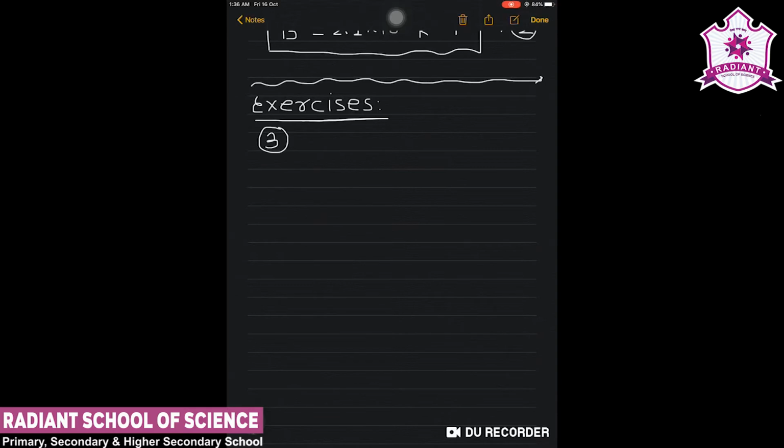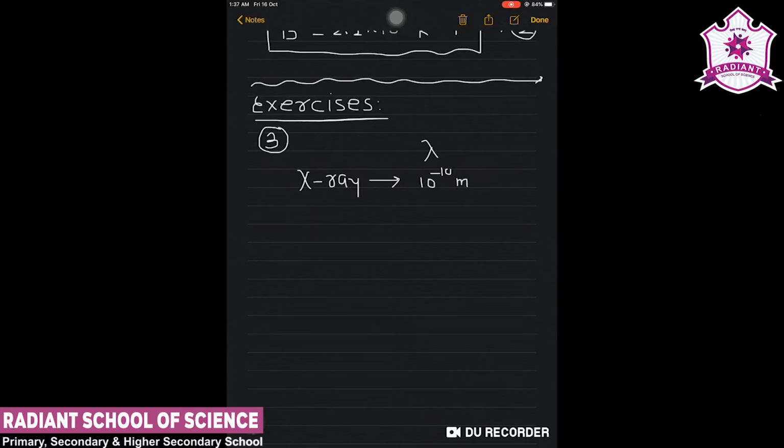So they have provided us different things, that is X-ray we are given of wavelength 10 raised to minus 10 meter.